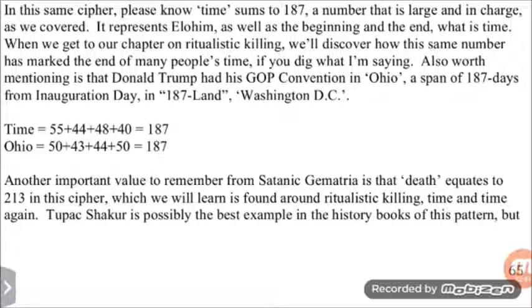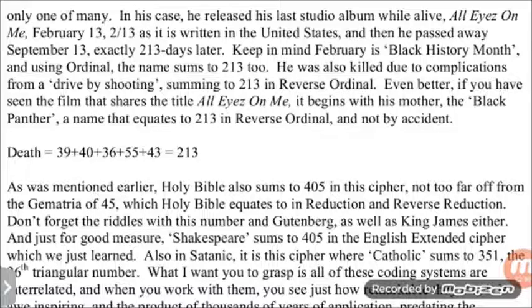Tupac Shakur is possibly the best example in the history books of this pattern, but only one of many. In his case, he released his last studio album while alive, All Eyes on Me, February 13, 2/13, as it is written in the United States, and then he passed away September 13, exactly 213 days later.